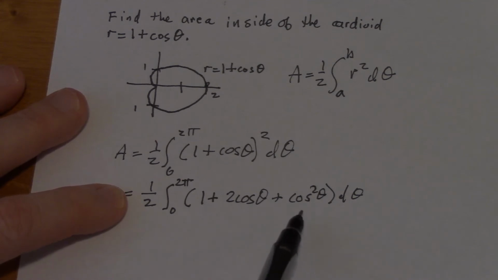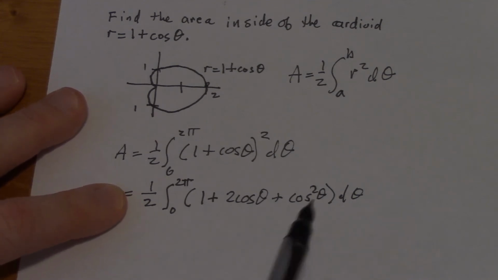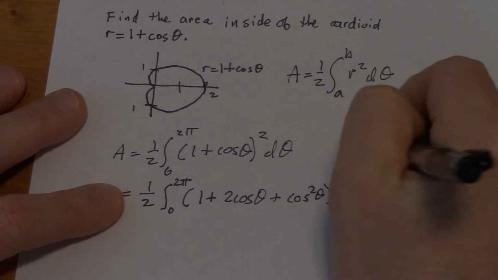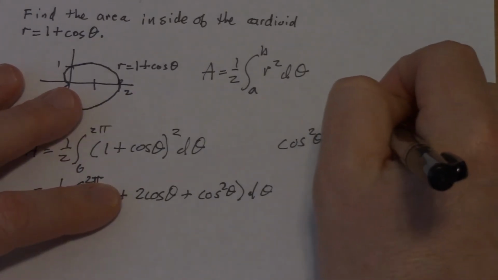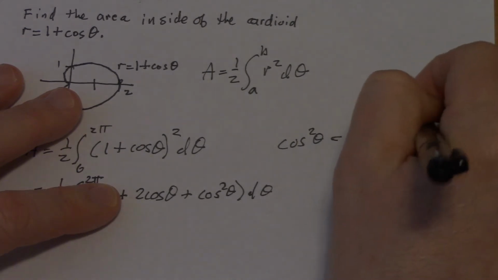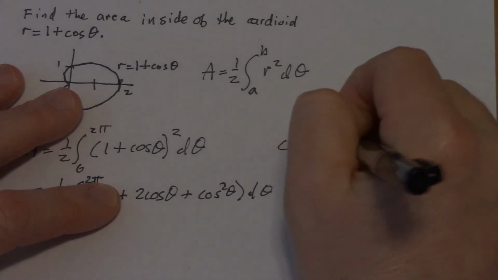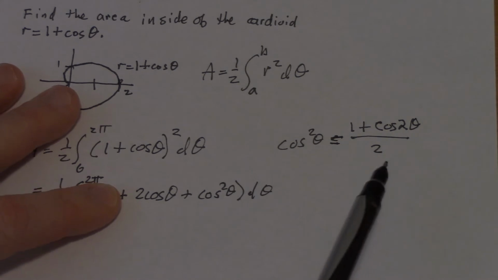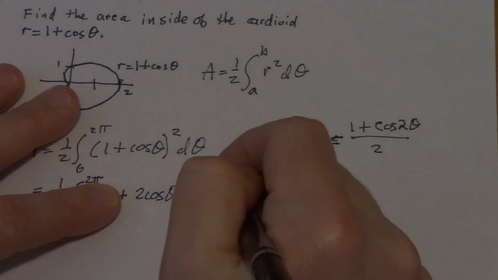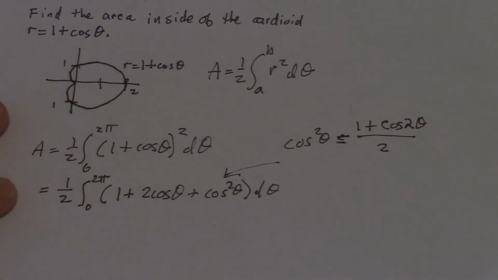Notice the cosine squared. So we want to remember the half angle identity. Cosine squared theta is 1 plus cosine of 2 theta all over 2. So we're going to be using that identity for that cosine squared right there.